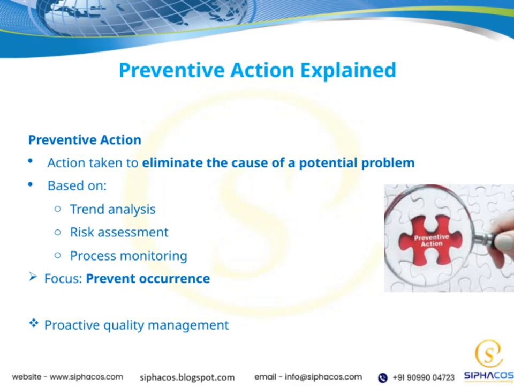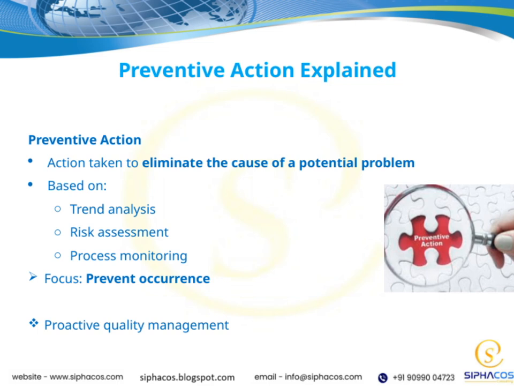Risk assessment is also crucial, as it allows us to evaluate the likelihood and potential impact of problems so we can prioritize our efforts. Process monitoring is another important component. By continuously keeping an eye on our operations, we can catch early signs of deviation and address them before they escalate. The main focus here is on preventing the occurrence altogether, rather than just dealing with the consequences.